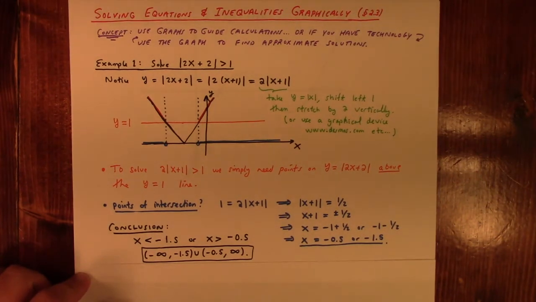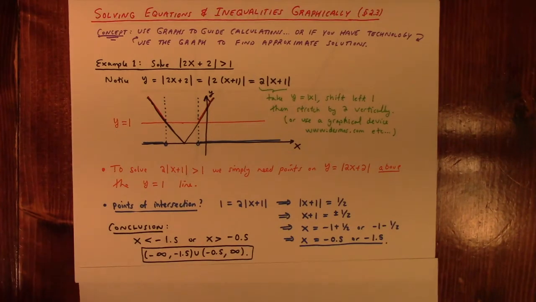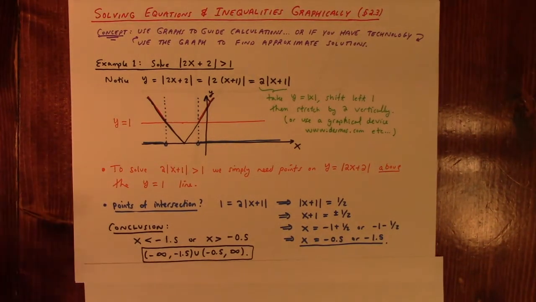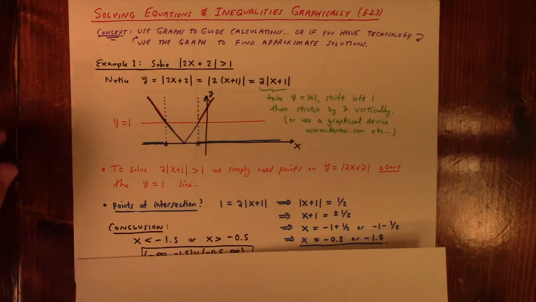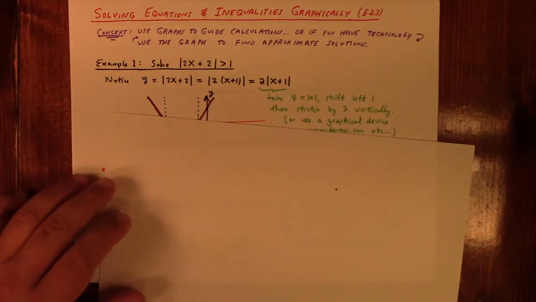You notice that we didn't have to solve two inequalities, right? We just found the points of intersection and used the graph plus some intuition to solve the problem. So it's an alternative way to think about these things.